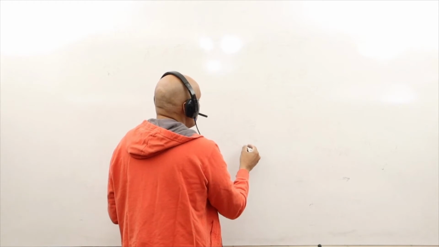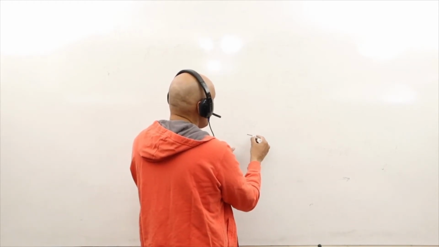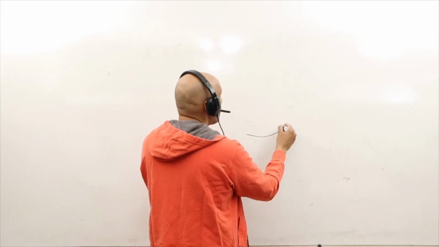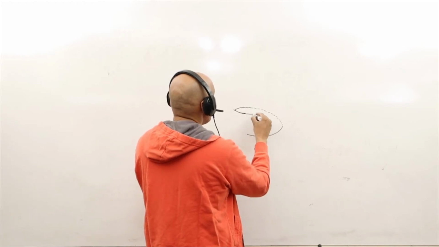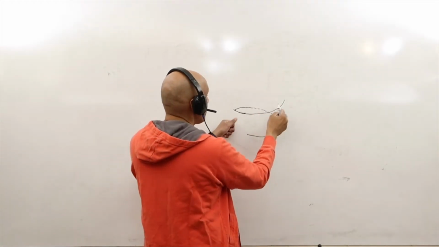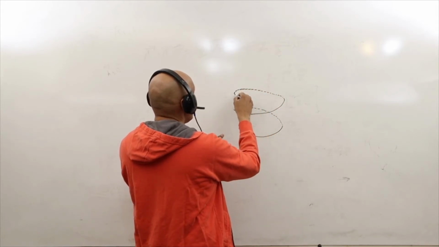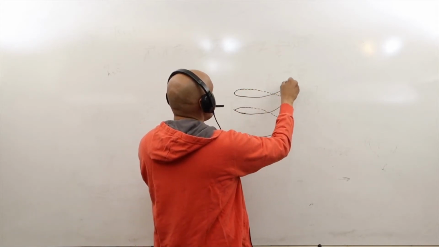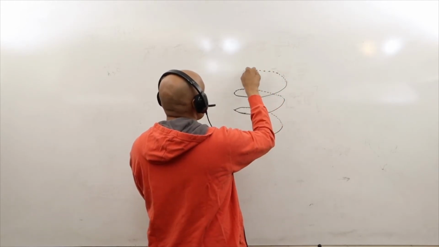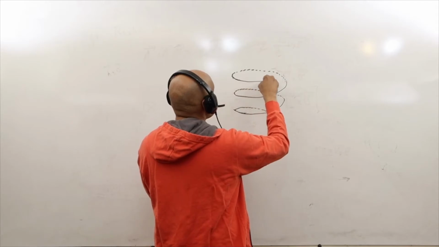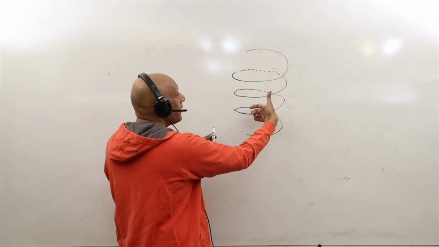If I do this spiral, I can't show it to you. I'm not very good at drawing, so I'll try. Here is the spiral coming in, and it's going behind, and then it's coming forward. I'll put the solid as front, and the dots are going into the back. Oops, mistake. Dots for the back of that spiral, and solid going forward, the front of the spiral like this. Notice that if I turn this way, I'm going up my fingers.